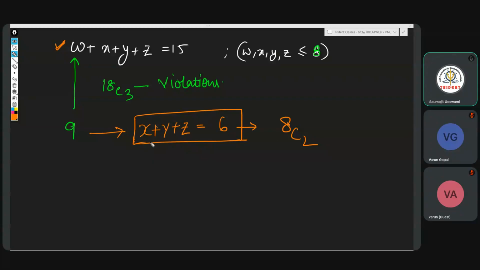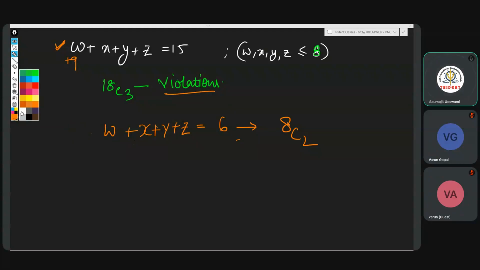Okay. I cannot just substitute the value of W. I have to take 9 out of W. That is my violation. So the violation would now be something like this. Please understand this. This is going to be W plus X plus Y plus Z equals 9, because this is 15 minus 9, because I'm taking 9 out of W. That is a violation.